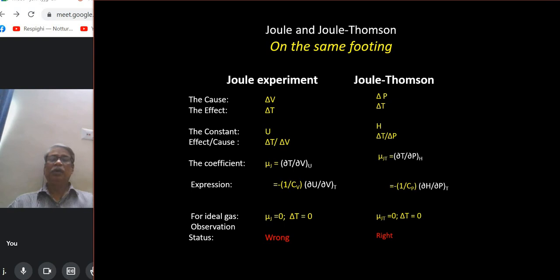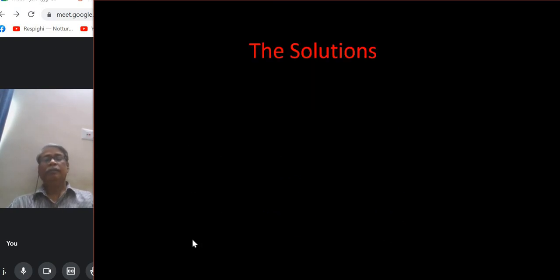So here I have compared the cause of the experiment, the effect of the experiment, what the constants are, how you can define the coefficient in the same way, and in the same way we get the expressions, etc. So please have a look at this slide separately.